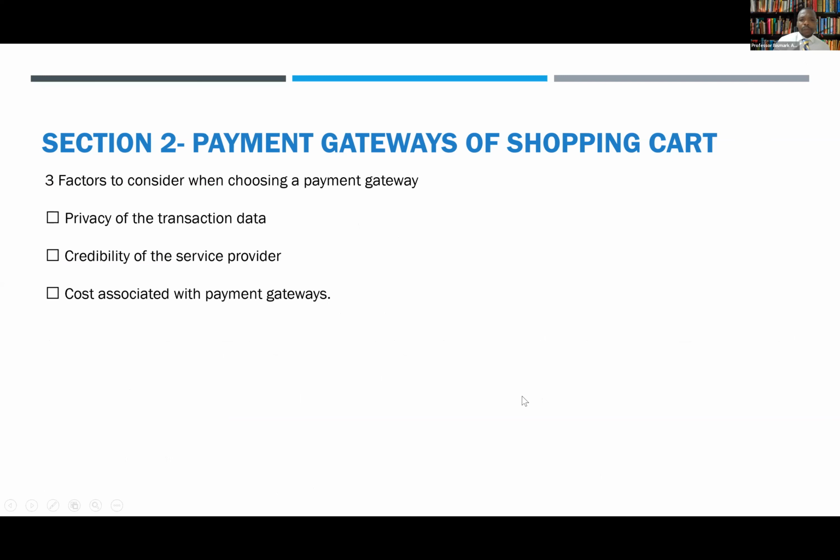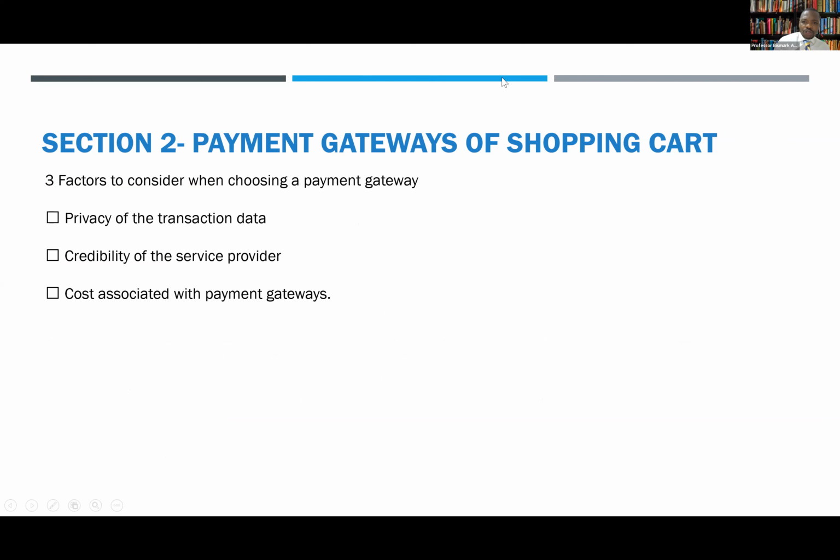Okay. Payment gateways of shopping cart. So three factors to consider when choosing a payment gateway. Privacy. It's extremely important. We talked about privacy and security.